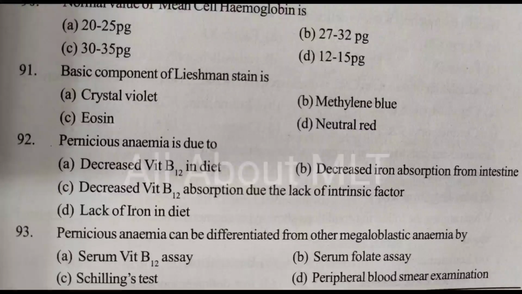And the answer is option C, decreased vitamin B12 absorption due to the lack of intrinsic factor. Pernicious anemia can be differentiated from other megaloblastic anemia by: option A, serum vitamin B12 assay; option B, serum folate assay; option C, Schilling's test; option D, peripheral blood smear examination. And the answer is option C, Schilling's test.